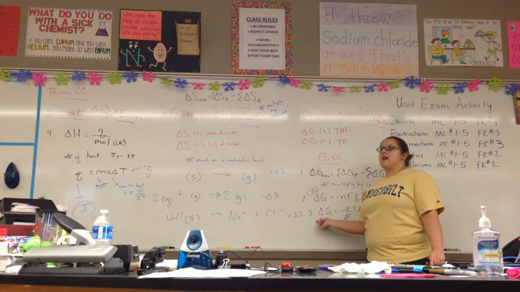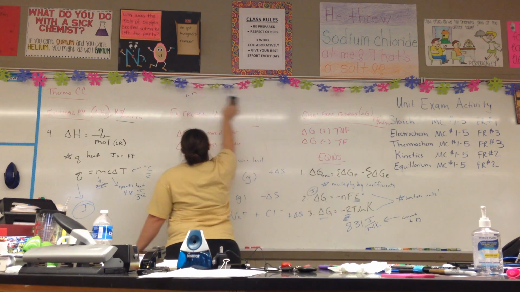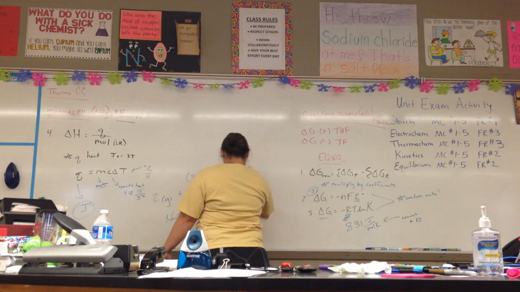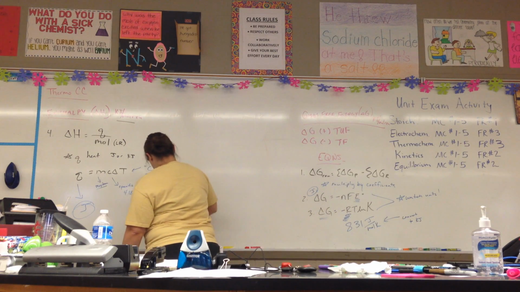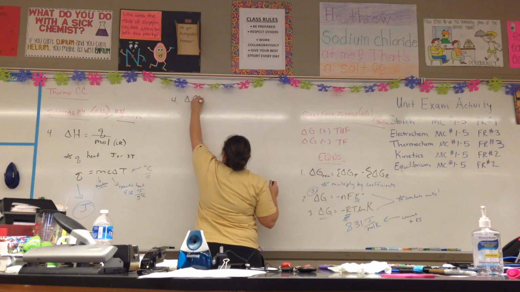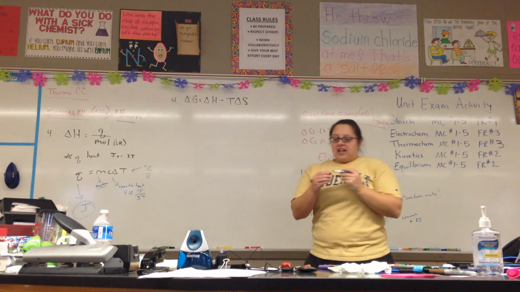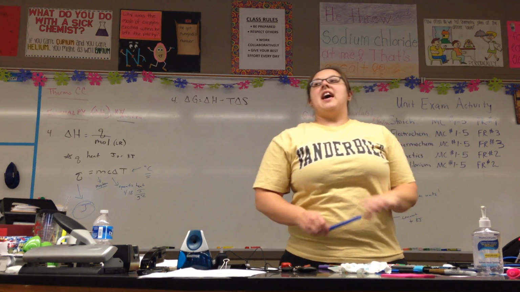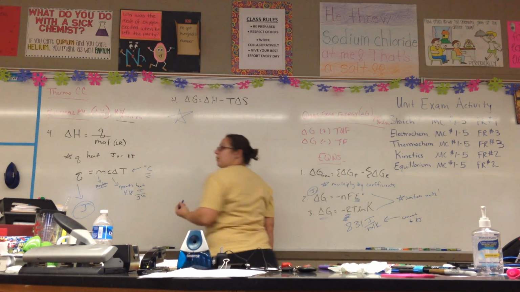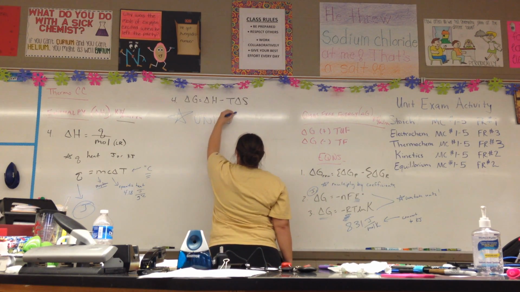Gotcha. All right, now let's look at the fourth equation, the biggest equation with delta G, the one you'll use the most. This is the granddaddy equation: delta G equals delta H minus T delta S. This is the biggest one where you lose your points, because of units.